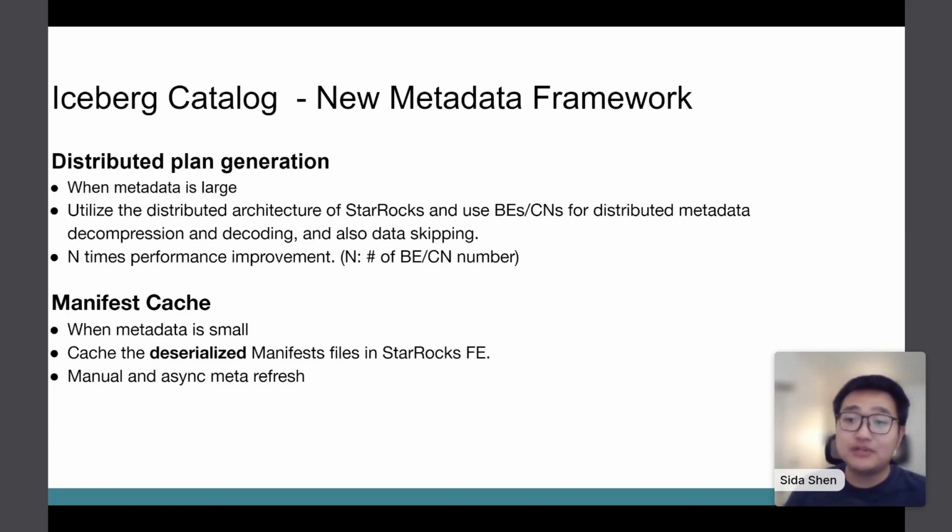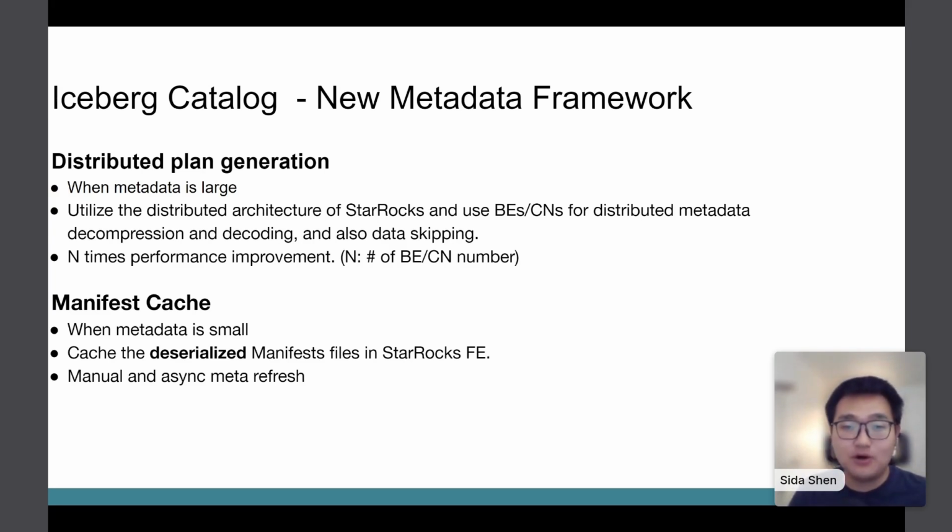You use the distributed nature of StarRocks to perform the decompression and decoding, so you can scale this process with more nodes. It's n times faster, where n is the number of BE and CN nodes available.